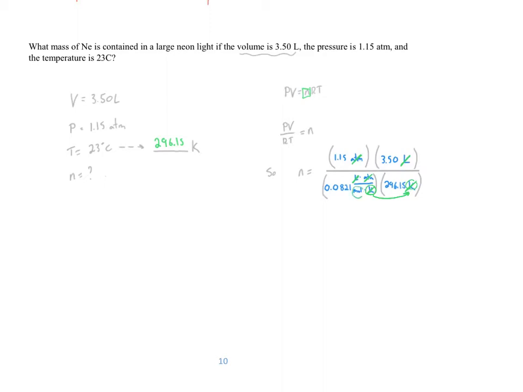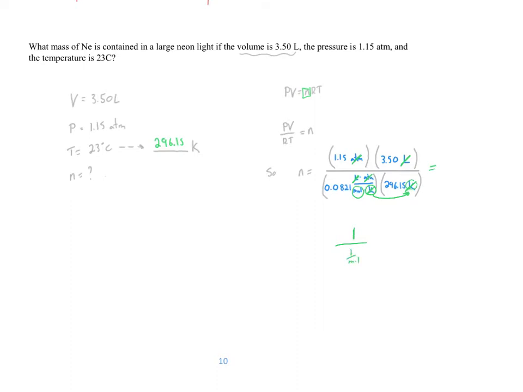And the only unit left is this mole, which is in the denominator of that R value. So if we looked at the units for this expression, all of the units on the top go away, so it becomes unity, or 1. And that is being divided by all of the units on the bottom, which have all been eliminated except for 1 over mole.